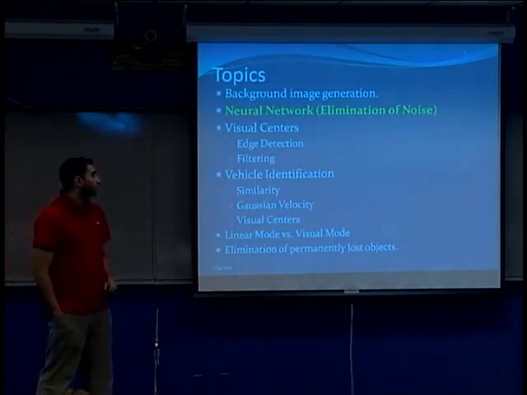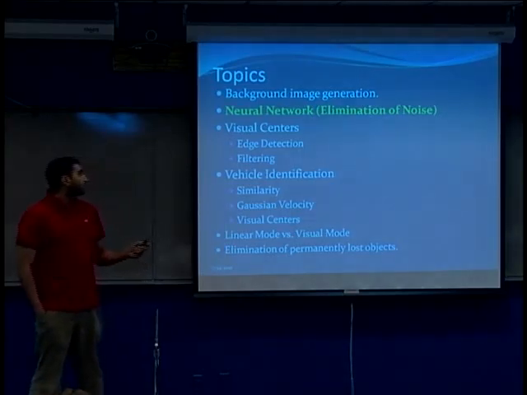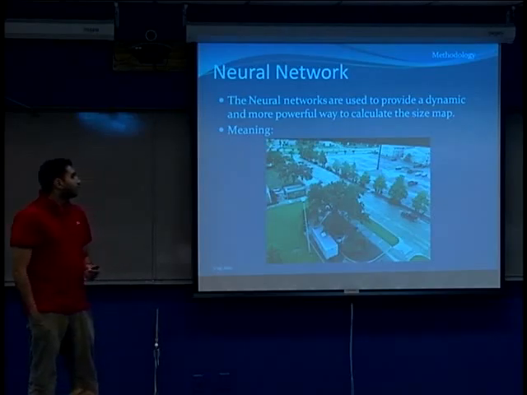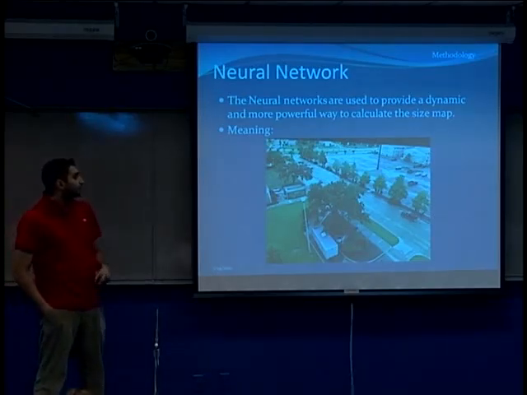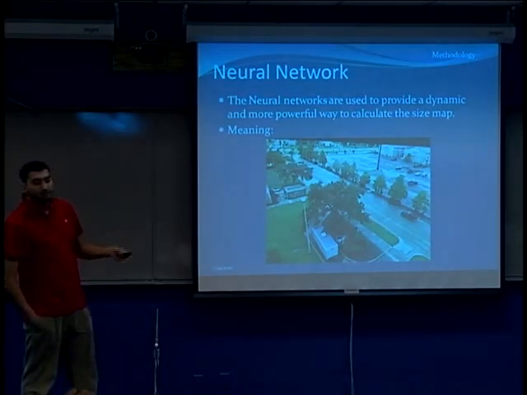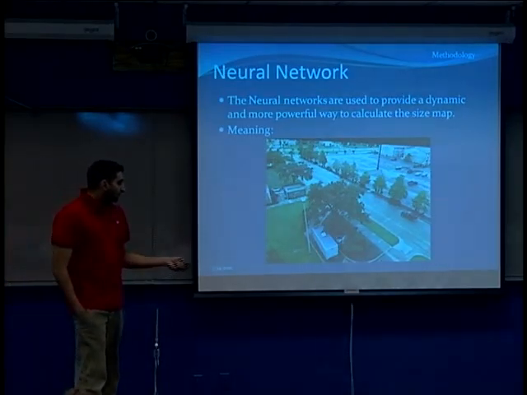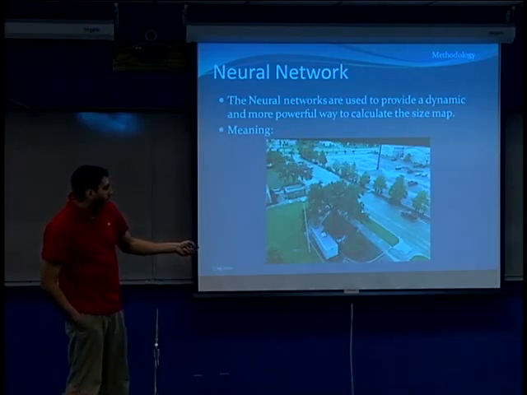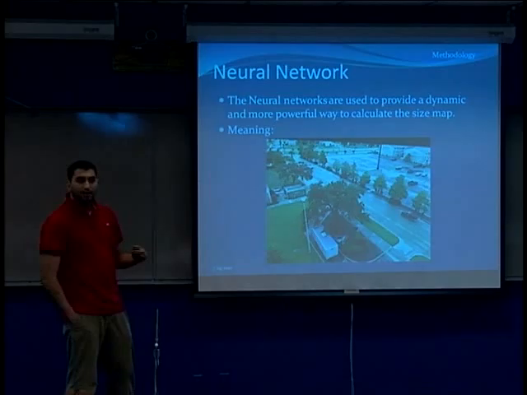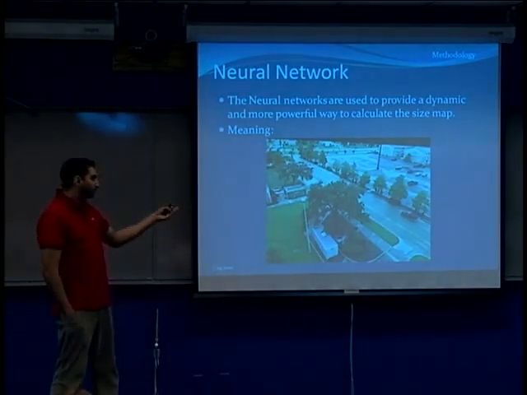Another topic is the neural network, elimination of noise. We use a neural network because it provides a more dynamic and more powerful way to calculate the size map. As you see, there's a car right here, and it is actually bigger than any other car up there, and we didn't have that data to provide to the program.